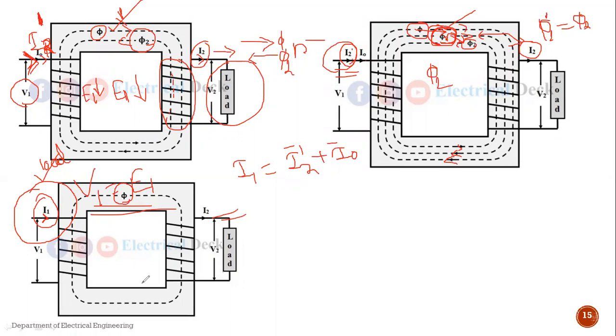Either it may be load condition or no load condition, the transformer operation will be the same if the voltage drop across each winding is assumed constant, and also we have assumed the core losses will be constant. ज्यावेळेस core losses constant assume करतोय, as well as if we are assuming the voltage drop across each winding will be constant, at that situation the transformer operation will be the same, either it may be load condition or no load condition.